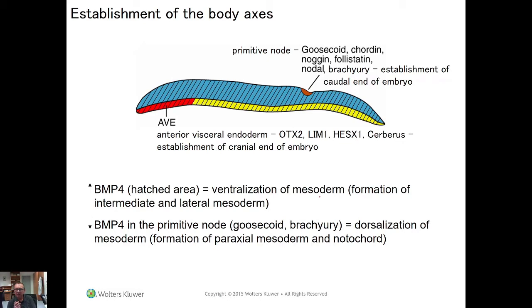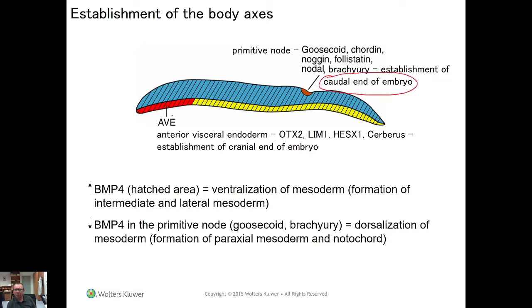Some of them are transcription factors, some of them are signal molecules, some of them are expressed in the primitive node, which becomes the center establishing the caudal end of the embryo.